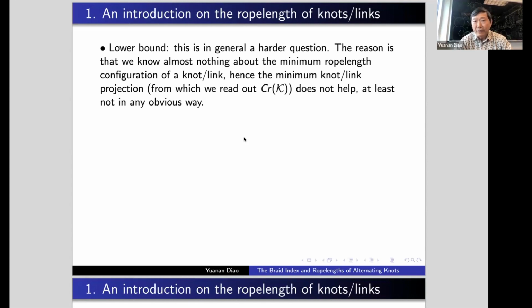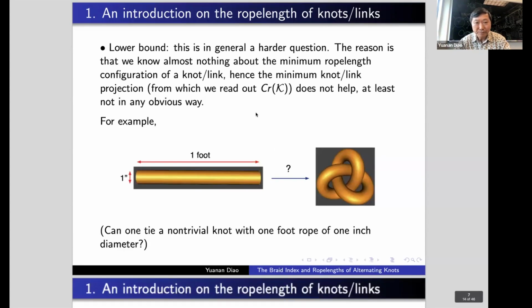And therefore, the minimum crossing number, which you read out from a minimum projection, does not give you any structure to work with, because the minimum rope length diagram and the minimum crossing number diagram may not be the same at all. And therefore, that doesn't give us direct help.